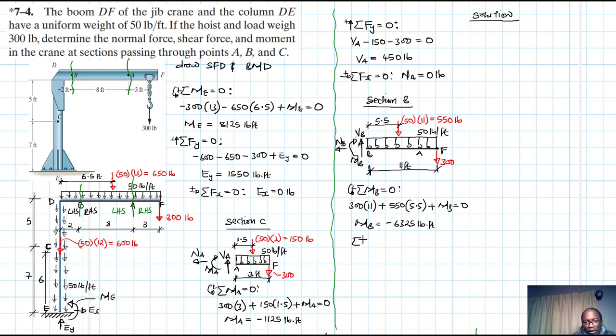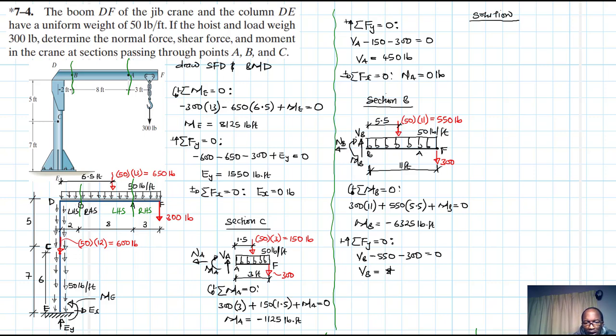Then we have summation of forces in the y equal to 0 going up in our reference. And of course, we have VB minus 550 minus 300 equal to 0. Therefore, our VB is going to be equal to 550 and 300.